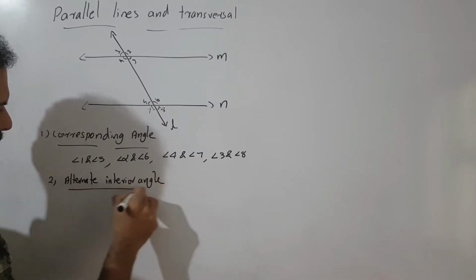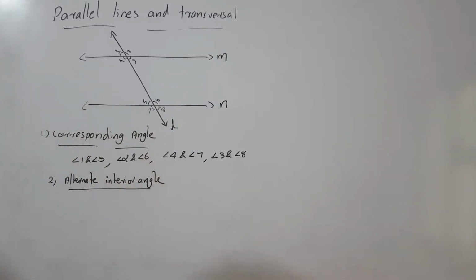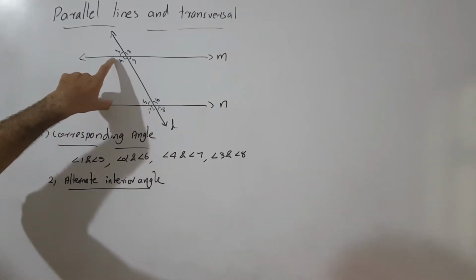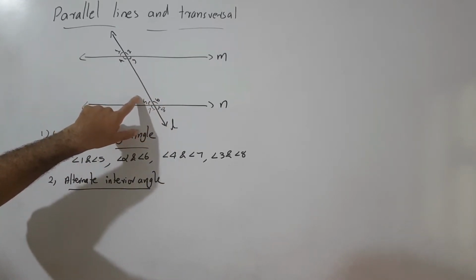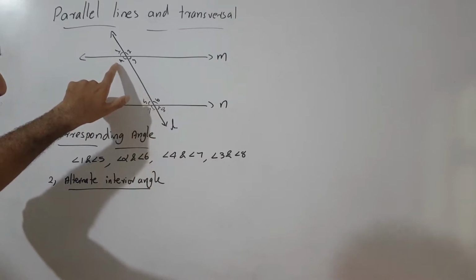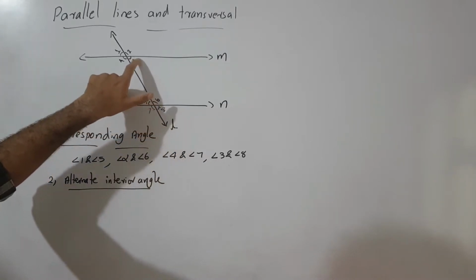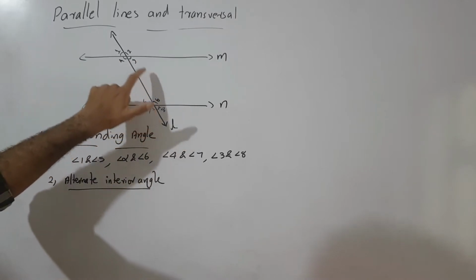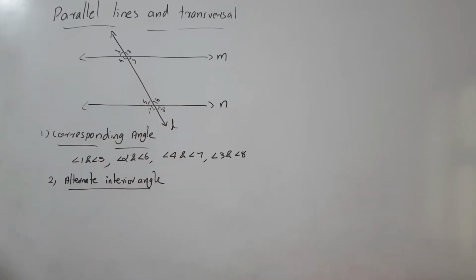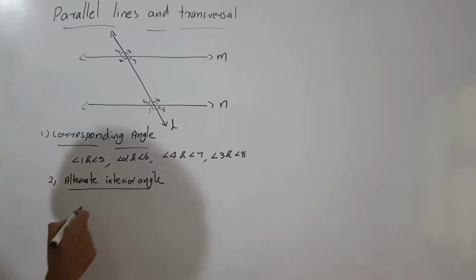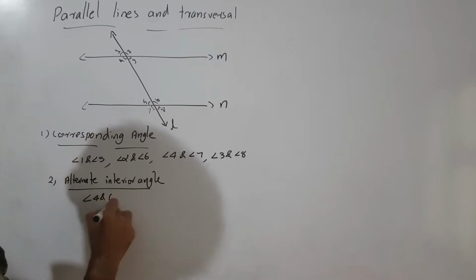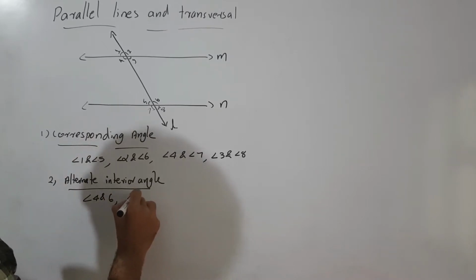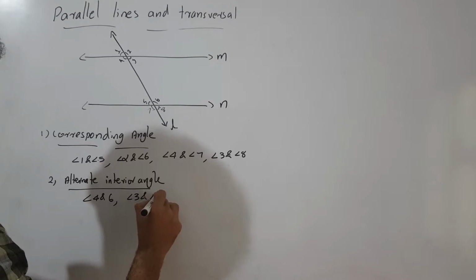Alternate interior angles. What are alternate interior angles? The angles positioned like this: 4 and 6, 3 and 5. Angle 4 and angle 6, angle 3 and angle 5.